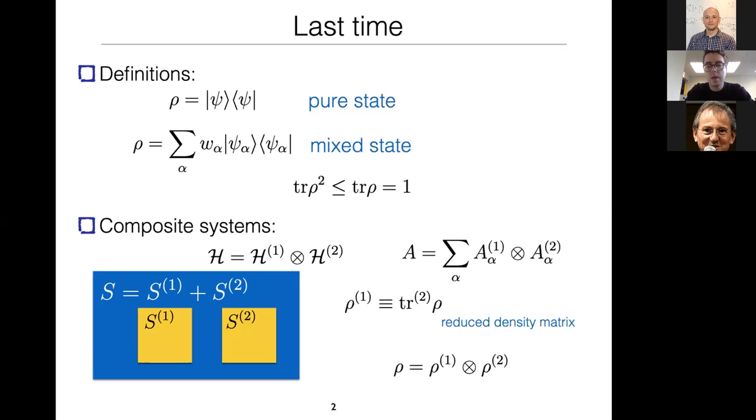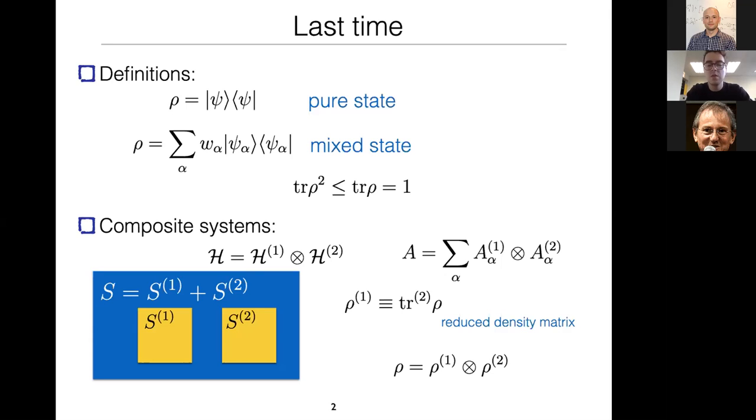One important point to make is that if, for example, we're only interested in characterizing the state of one of the subsystems, so we're given the state of the entire composite system but only want to focus on one subsystem, then we can apply the so-called partial trace operation to obtain the reduced density matrix of that subsystem.